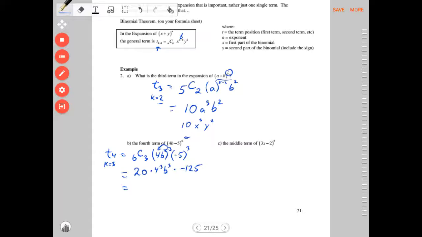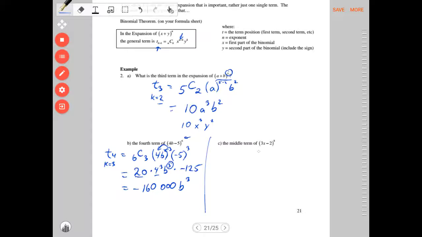Okay, and so really when you type in 20 times 4 cubed, which is 64, so 20 times 64 times negative 125, that is negative 160,000 B cubed. Awesome.